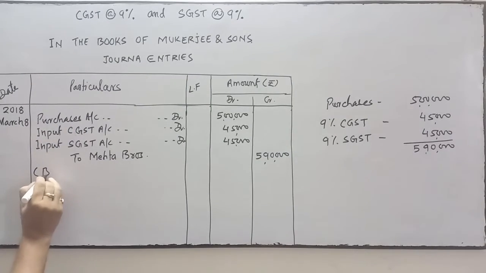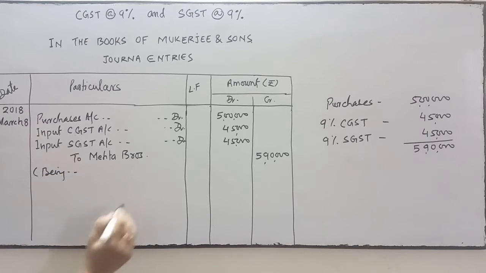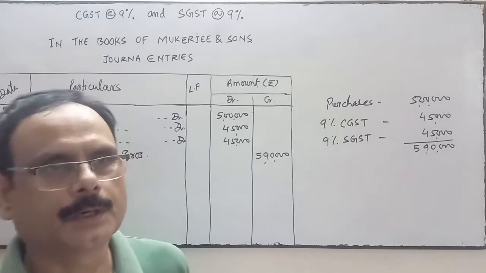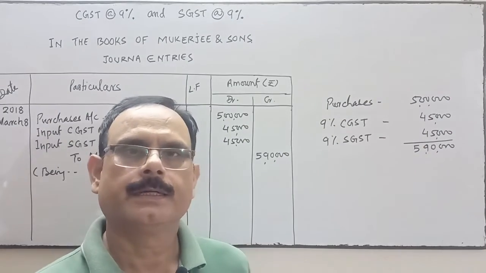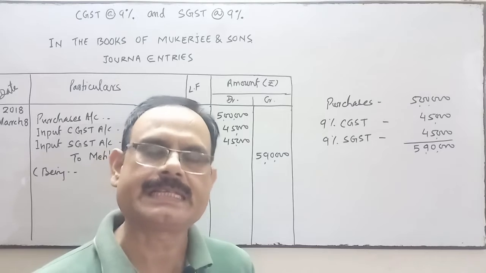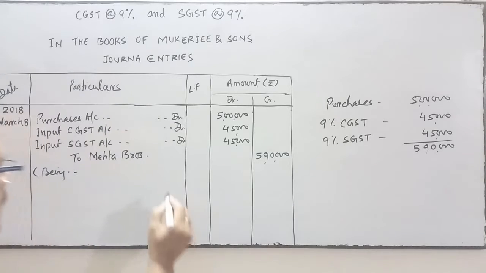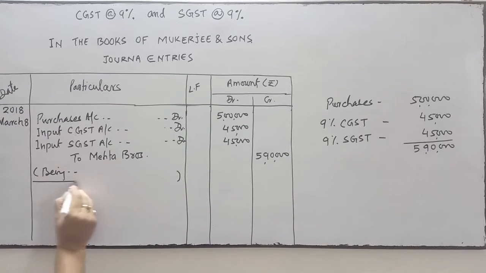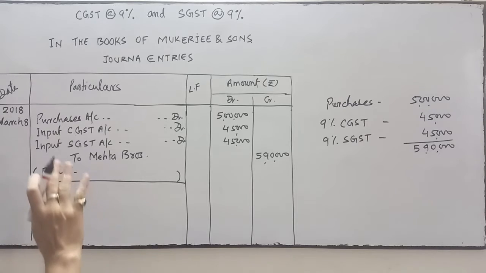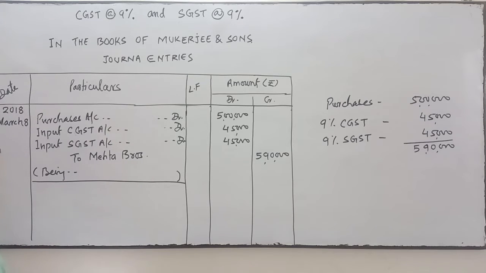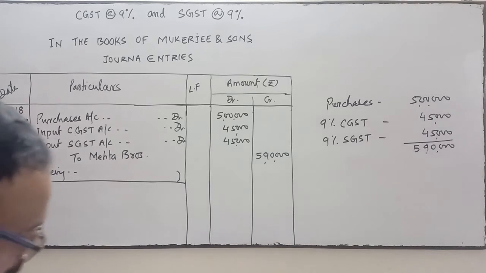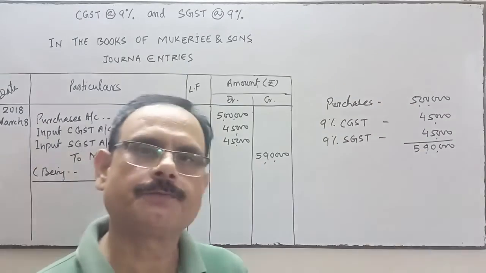The narration will be very simple and short: being goods purchased on credit at the rate of 9% CGST and 9% SGST. So the first transaction is clear.